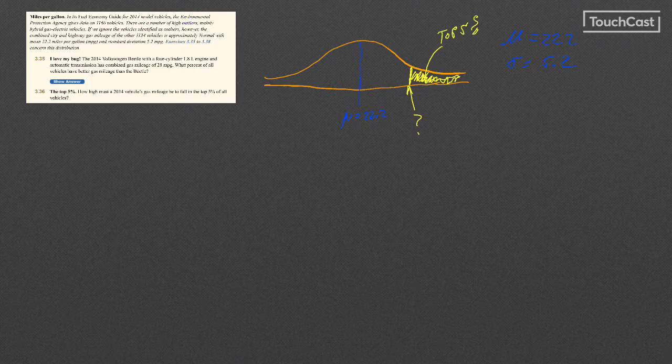I'm just making a guesstimate as to where it might fall on the graph. Obviously, I don't know, but what I do know is what I've got written here.